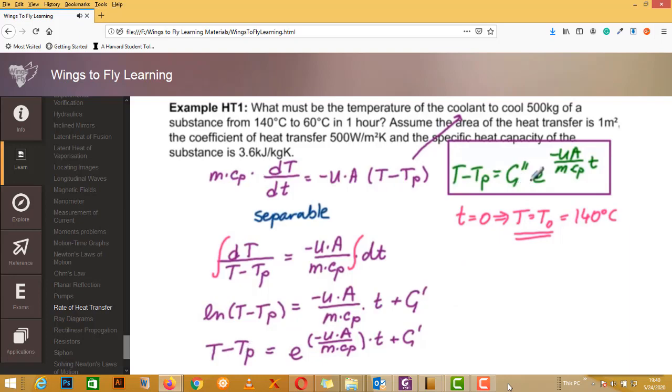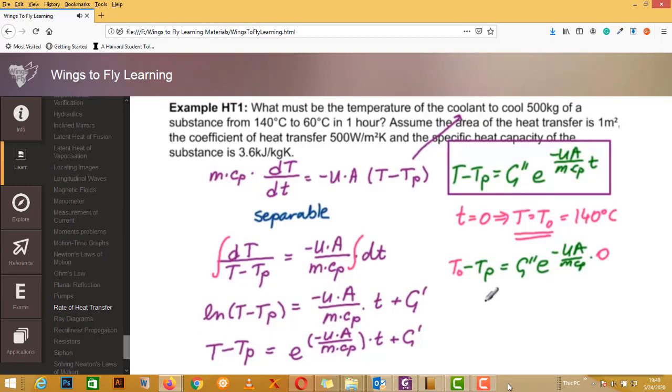So we are solving for C double prime, the constant of integration. So we have T0 here, and then minus Tp equals fancy C double prime e to the minus UA over MCp times 0. So this is all 1.